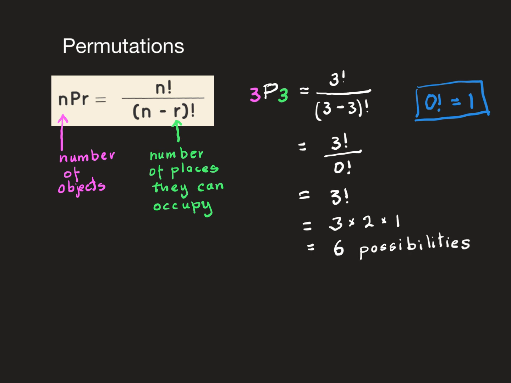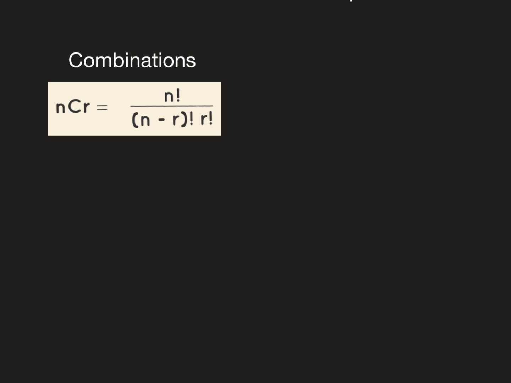Now let's examine the mathematical formula for combinations. The only distinction in our formula is the addition of this r factorial over here. Otherwise, it's exactly the same as the permutation formula. So let's check the combinations.